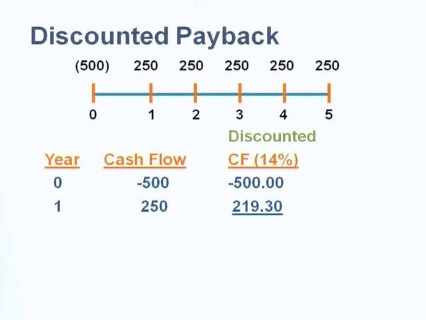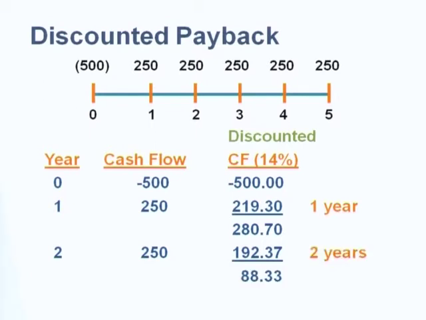Year 1, you need to discount the first 250. Discount 1 time, you get 219, right? By using 14%. And then, is 1 year enough? Not enough. You need another 280.7. So try year 2. Another 250, but you have to discount first. Discount 250 at the end of year 2, 2 times, you get 192.37. And it's also not enough, right?